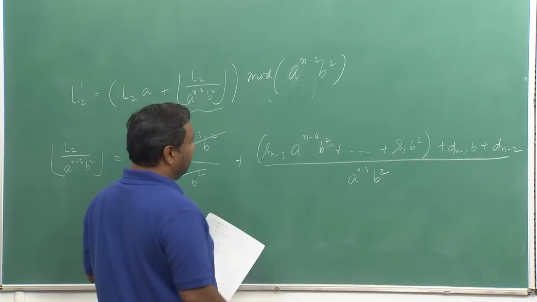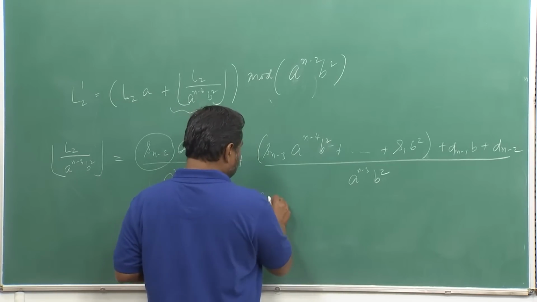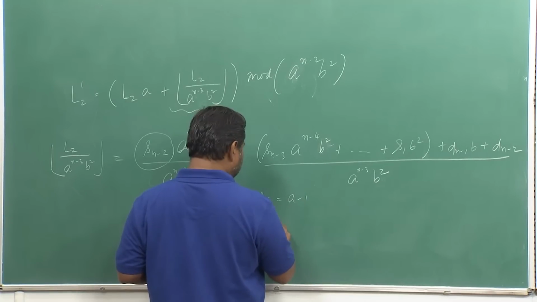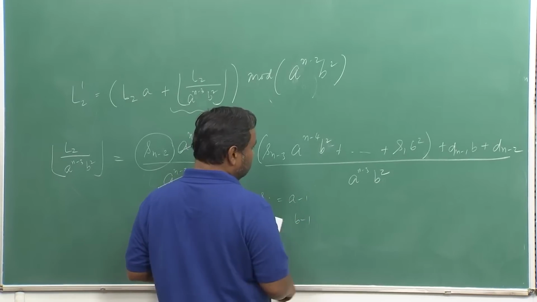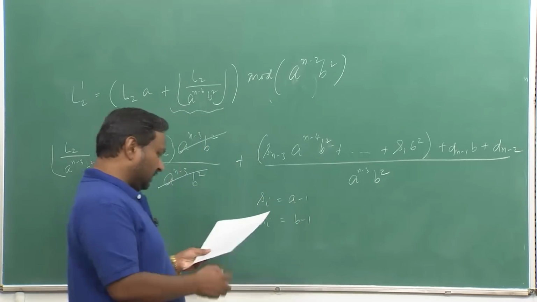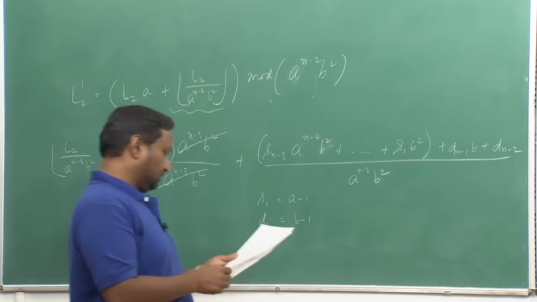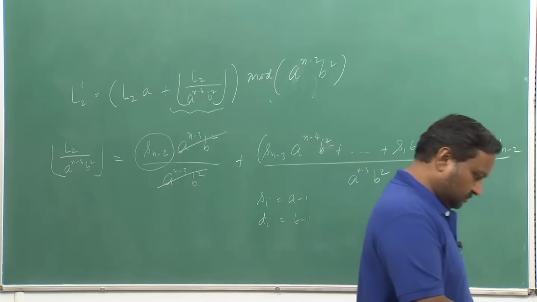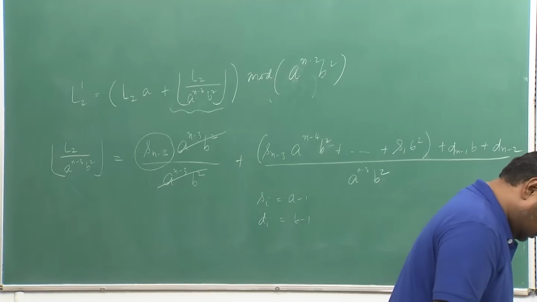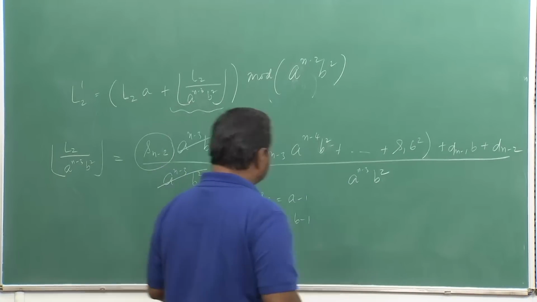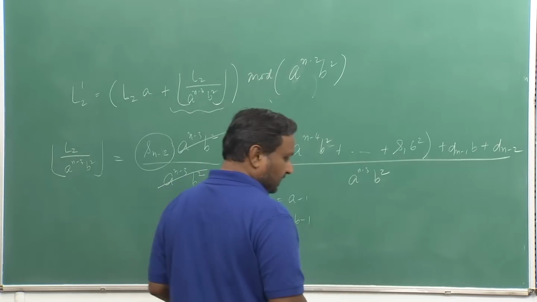So, here again I will do the same thing, I will put SI's maximum value equal to a minus 1 and DI's maximum value of b minus 1, and let us compute what I am going to get. So, let us write it down here itself, I can do it.